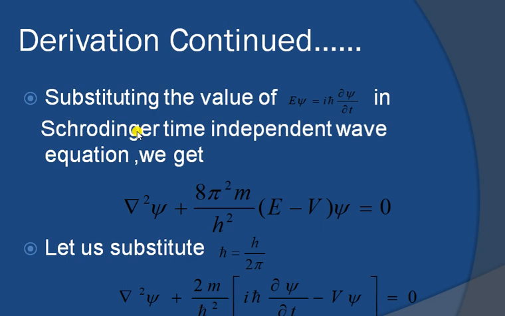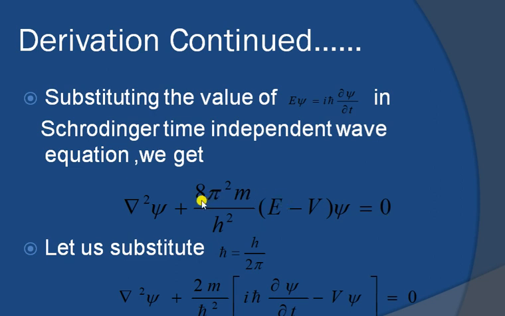Now substituting the value E psi equal to i h cross dou psi by dou t in Schrodinger's time independent wave equation, we get del square psi plus 8 pi square m upon h square into bracket E minus V into psi equal to 0.